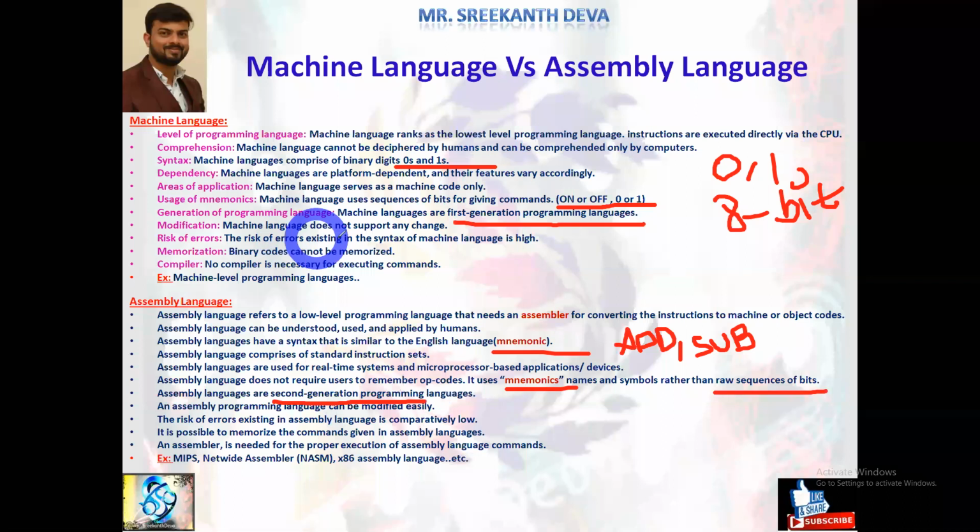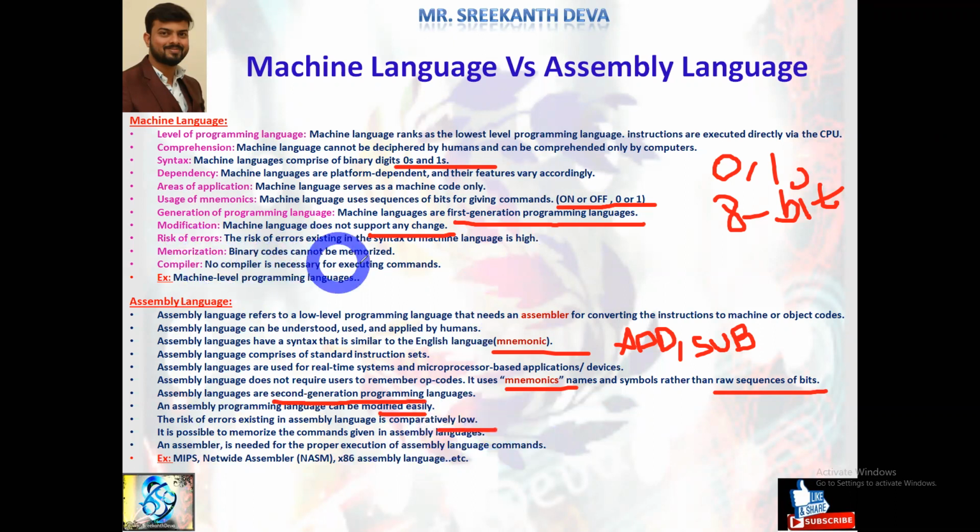Modification: machine languages do not support any changes, but assembly programming languages can be modified easily. Risk of errors: the risk of errors in the syntax of machine language is high, but the risk of errors in assembly language is comparatively low.